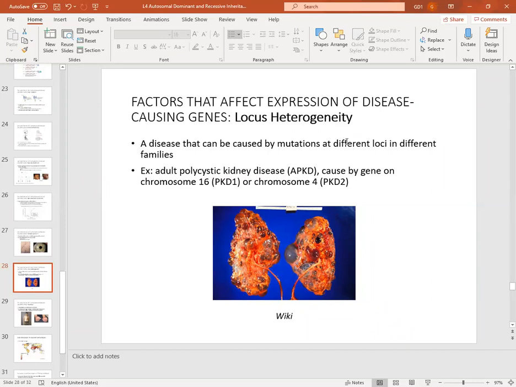This family may have a mutation in one gene that contributes to that pathway, and another family has a mutation in another gene related to the same pathway.